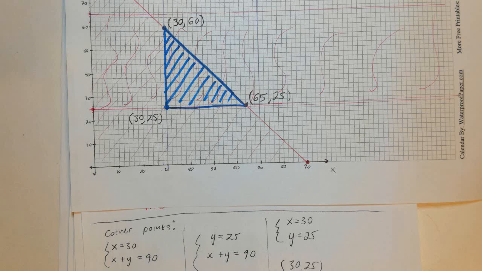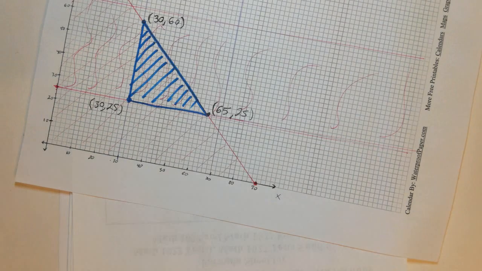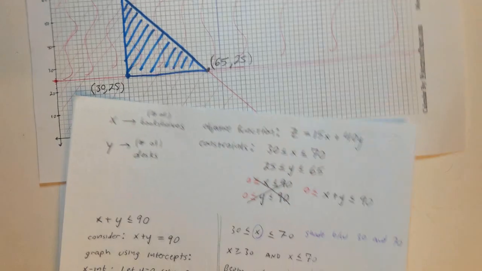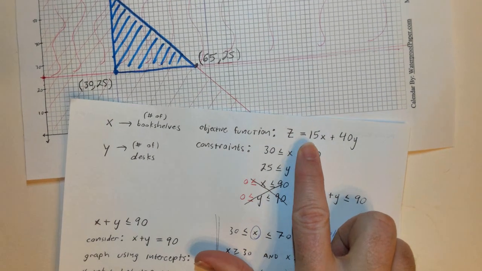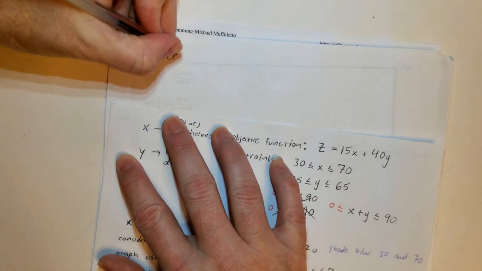So, finally, we got every corner point. Now we can plug these into the objective function. What was our objective function? I forgot. The objective function is this. So, on another sheet of paper, I'm going to rewrite my objective function.